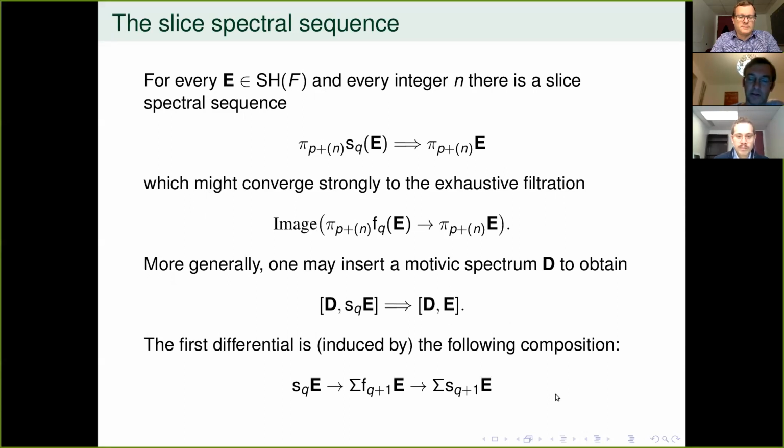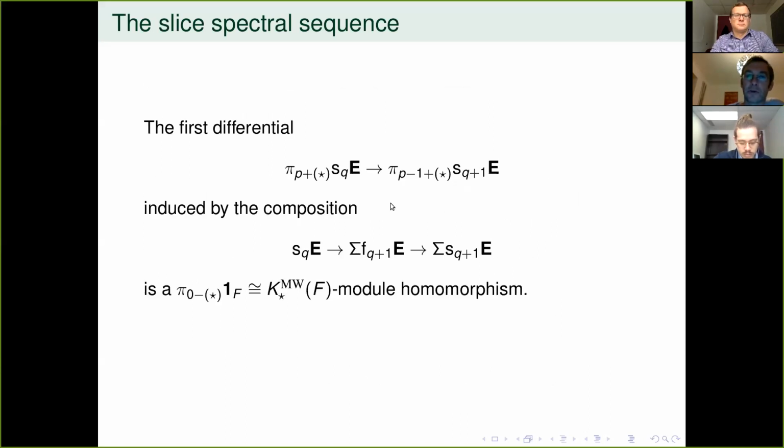And the first differential for the slice spectral sequence is given by this composition of canonical maps from the q slice to the simplicial suspension of the q plus first filtration to the q plus first suspension of the q plus first slice. And if you look at what the first differential does on homotopy groups, you get this shift in the simplicial degree.